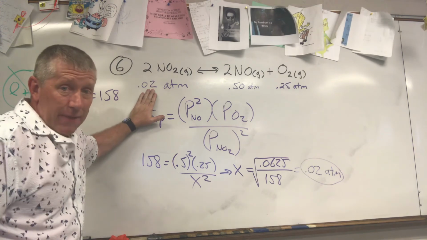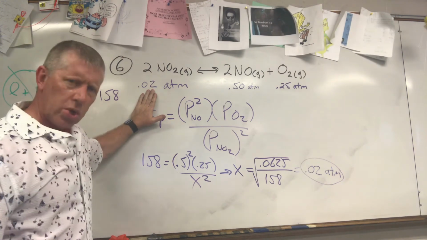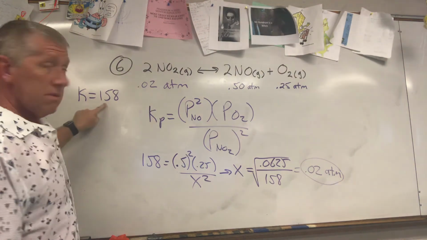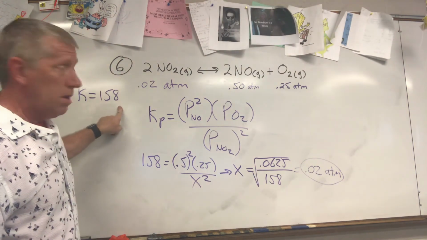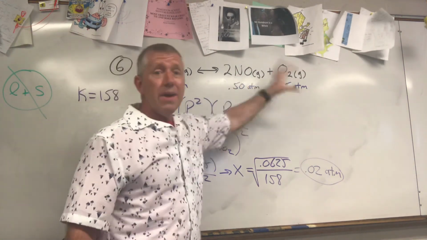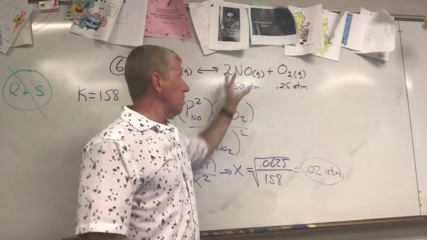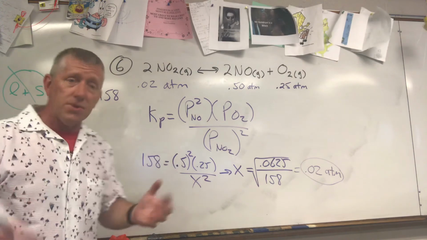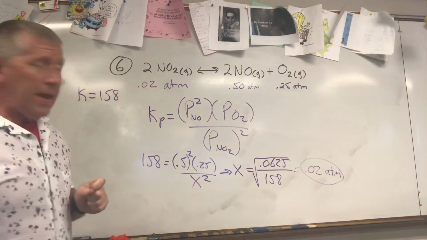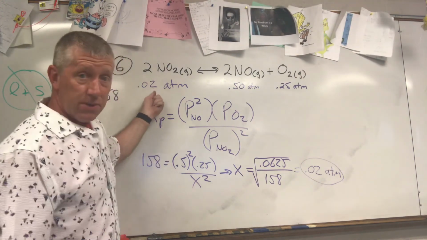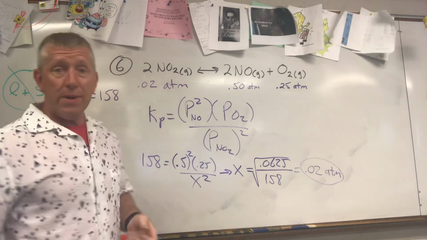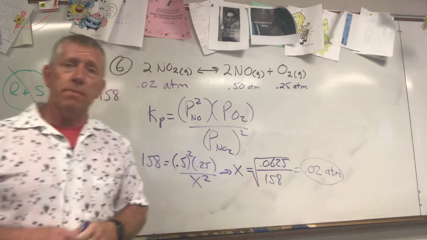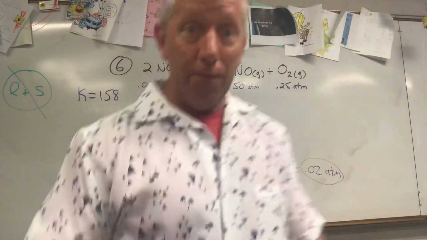If we don't have a lot of it, it can't provide a lot of pressure. How do you know you don't have a lot of it? The K value is big. That means there's more product. That's what the K value means. K value big, there's more product. There's more of this than this. So it all makes sense. The K value predicted that I should not have much of this, and I don't because it doesn't produce a lot of pressure. All right, see how good chemistry is? It's so fun.